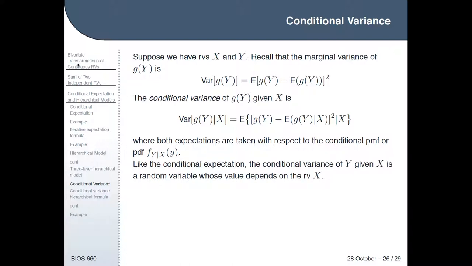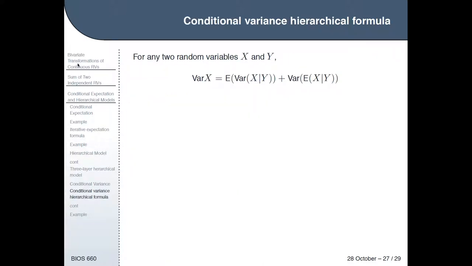And just like conditional expectation, the conditional variance of y given x is a random variable whose value depends on x. And there's this formula for conditional variance that I can never remember precisely.